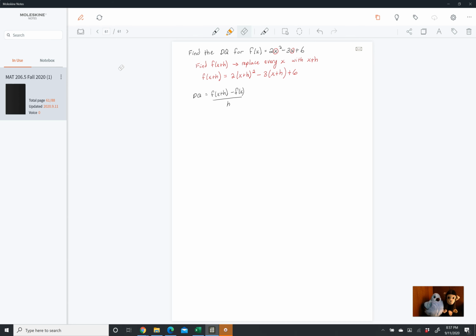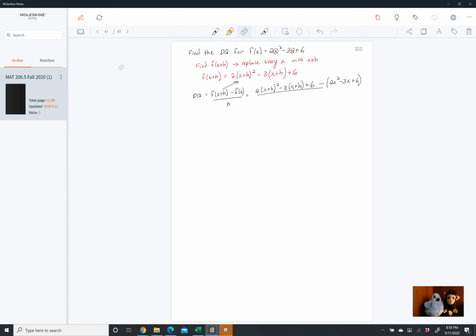So what does this look like for this function? Well, f of x plus h is right up here, right? Here's your f of x plus h. So 2 times x plus h squared minus 3 times x plus h plus 6. Then we have to subtract f of x. F of x is 2x squared minus 3x plus 6.